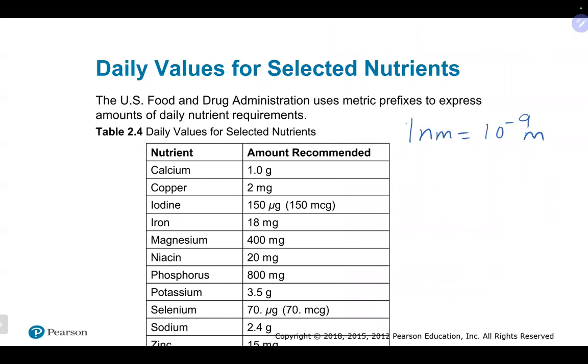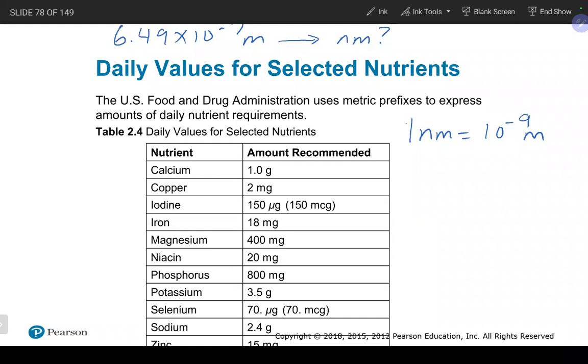So let's say I had a number like 6.49 times 10 to the minus 7 meters, and I wanted to know how many nanometers that would be. Why don't you give it a go? See what you come up with. Set it up so you can see the units and see what you end up with.